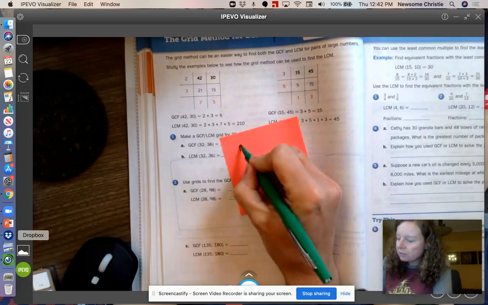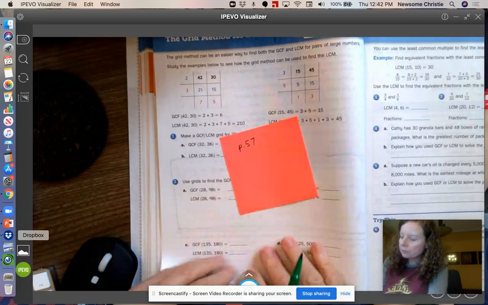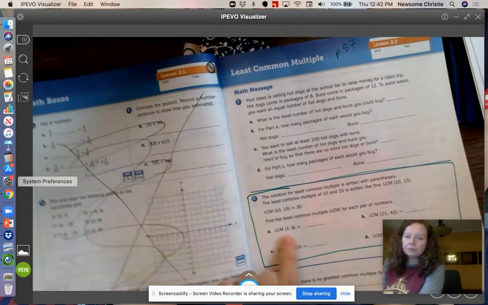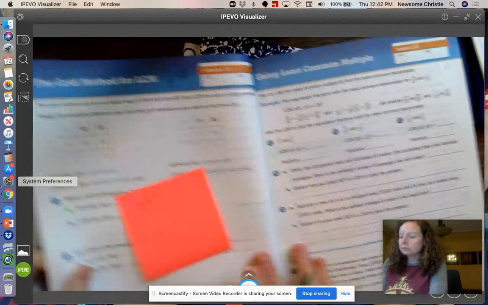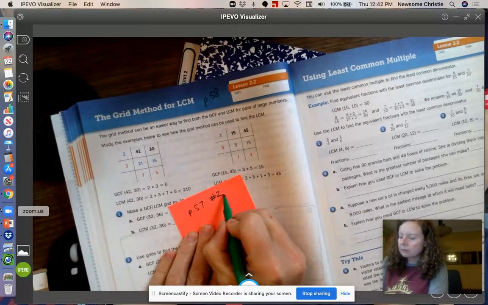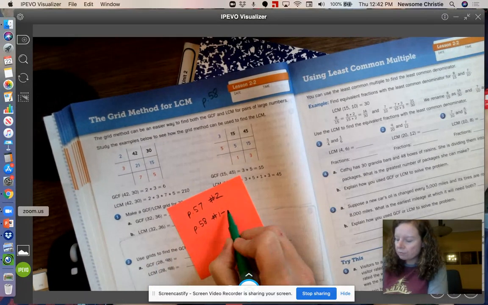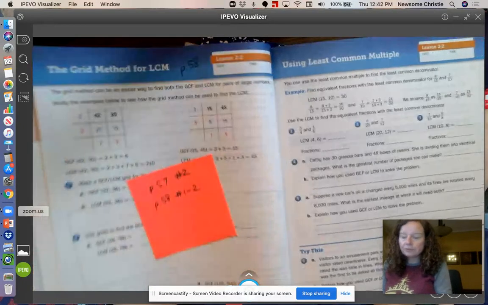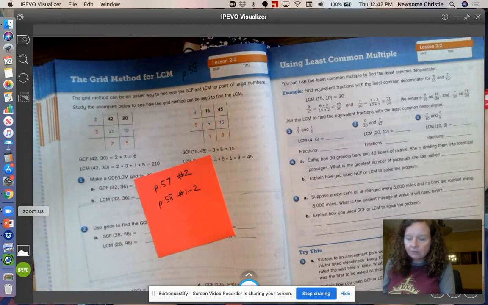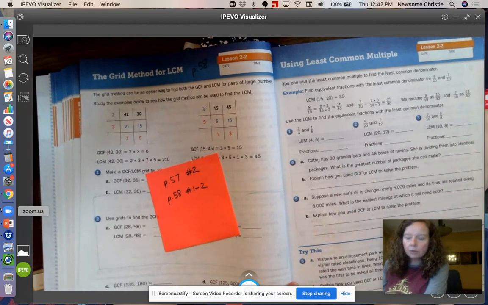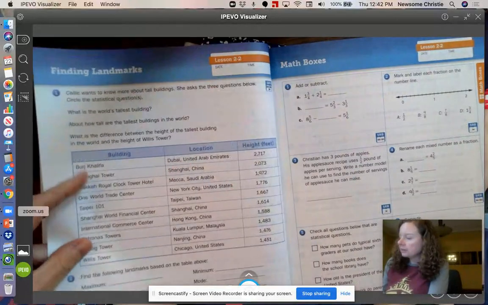So page 57, and I said just number 2. And then page 58, numbers 1 through 5. So basically that whole page. There's more pages here today, so if you get time and want to work ahead, you can. We are going to talk about a couple of these word problems, and we may get to math boxes.